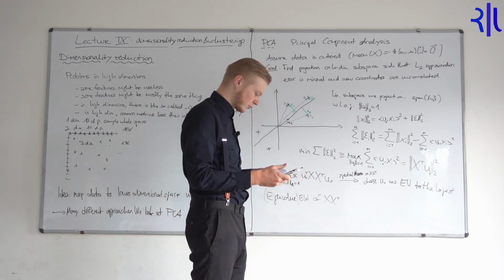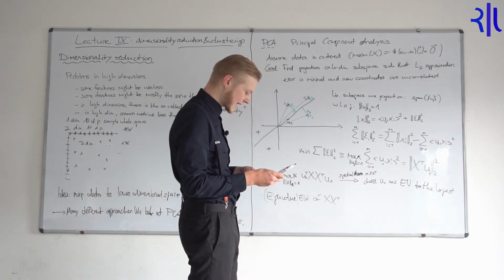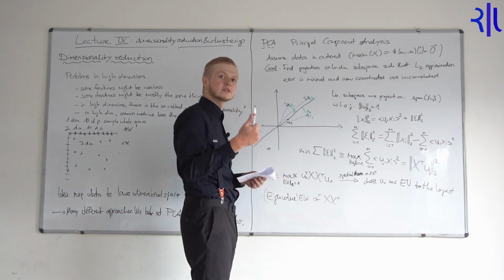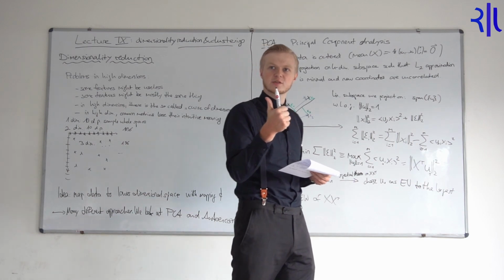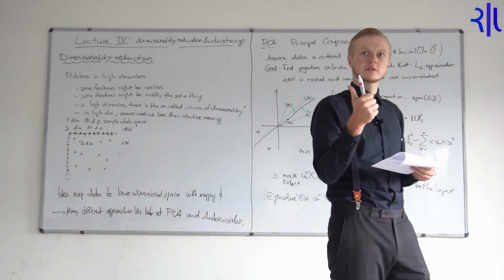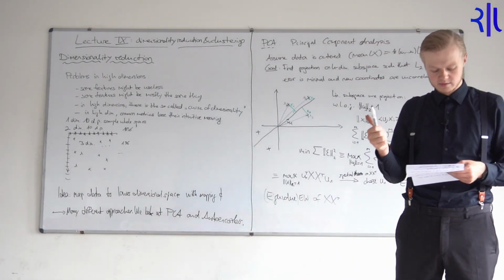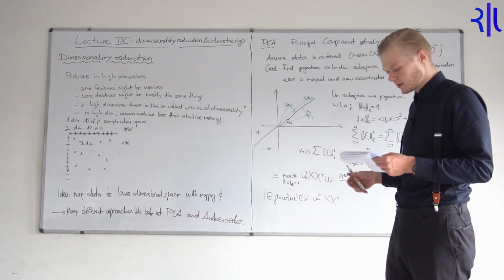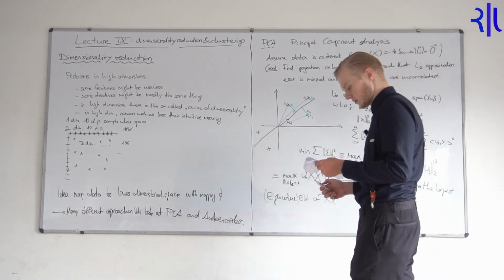Now with that, we can get the first new dimension. So the first coordinate axis in our new reduced dimensional coordinate system will be the projection of our data on that u that we just found.